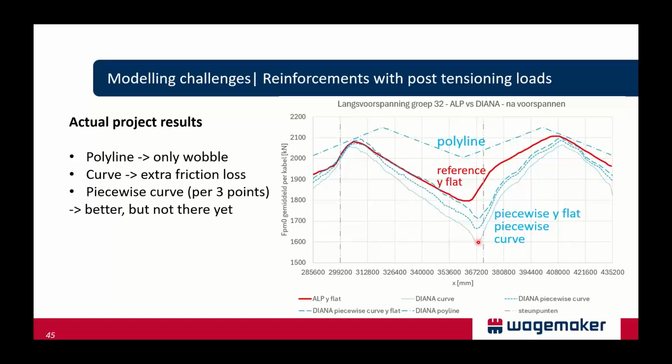So we were not satisfied with this big difference. And we tried then to make a curve in Diana which is piecewise, using a curve, but only through 3 points at a time. Well, that went a little bit better, as we can see from those two results.